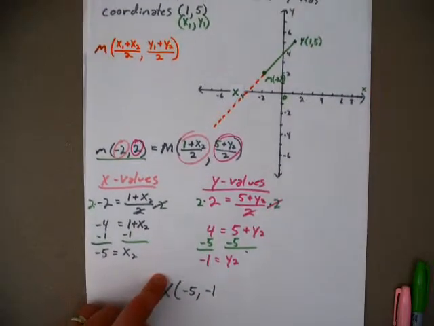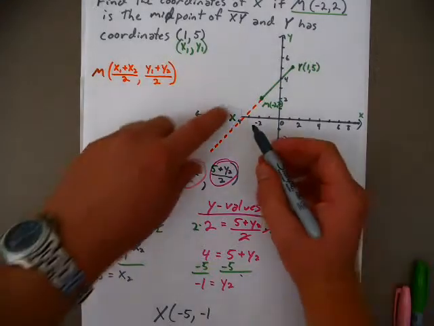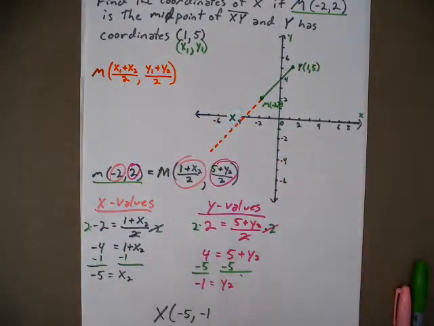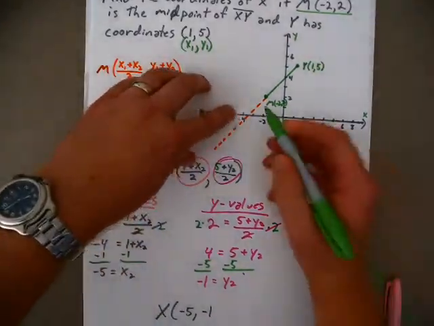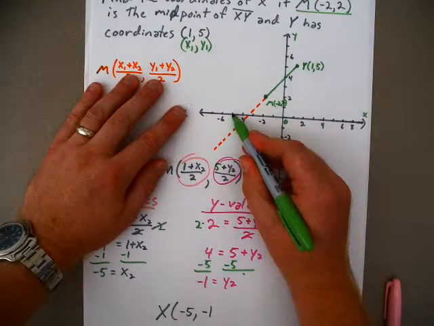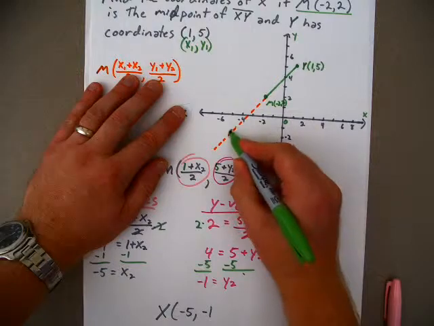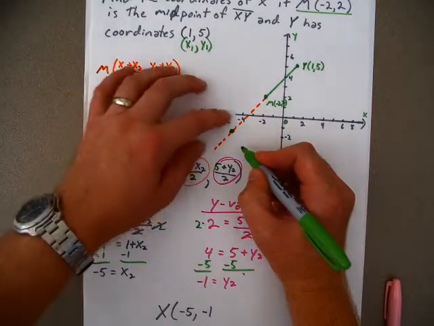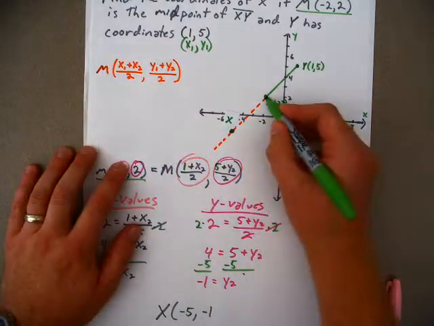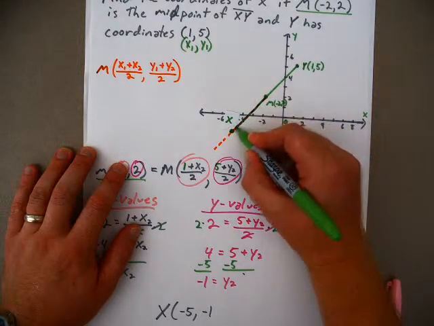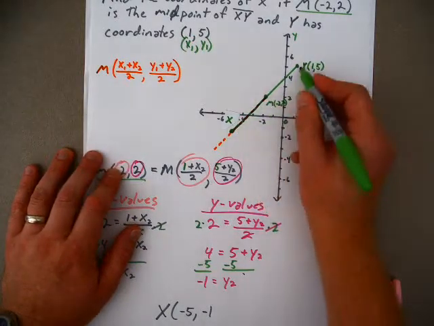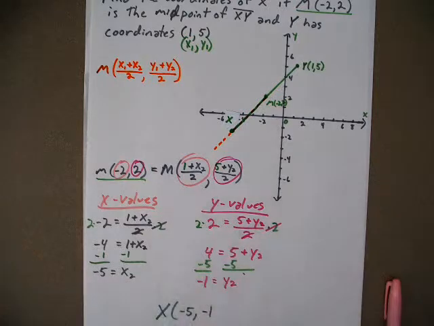So I'm going to go on my coordinate grid here, and I'm going to find negative 5, which is right there, and negative 1, which is right there. And so that is going to be the line segment XY. So what I've done is I've found the second endpoint.